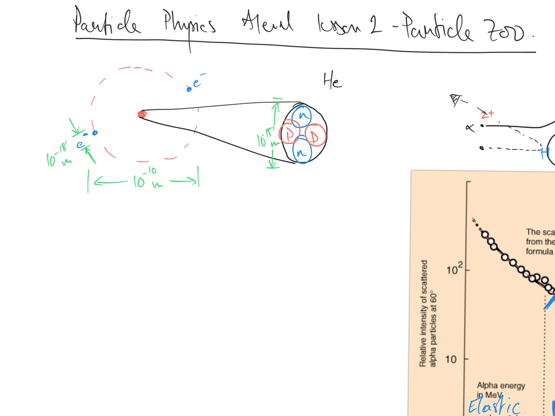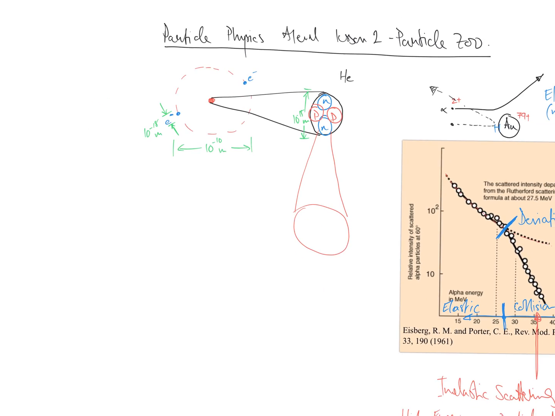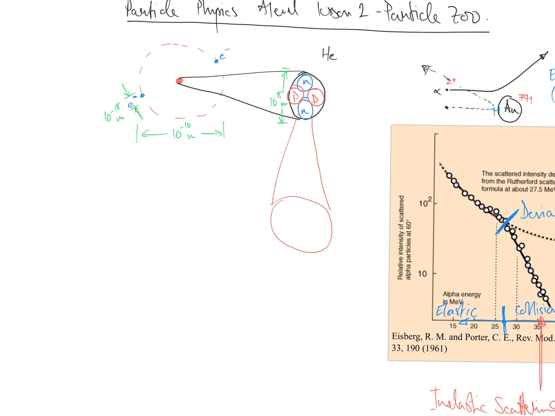So let's take a look a little bit more at the substructure of, let's say, a neutron. Inside our neutron, we have 3 possible subparticles, and these are all called quarks.